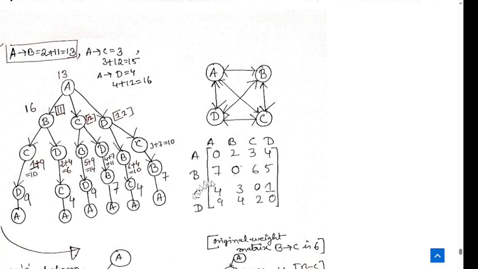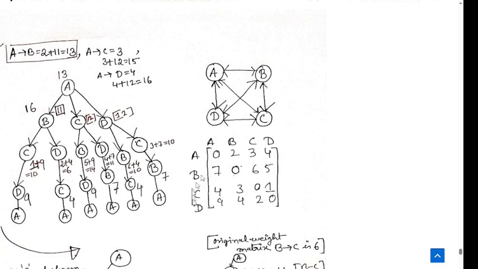C to D in the weight matrix is given as 1, and the salesperson has already figured out the distance between D to A, which is 9. Obviously, if he wants to visit C to D, 9 plus 1 is equal to 10. Similarly, from D to C, C to A he has already figured out is 4.